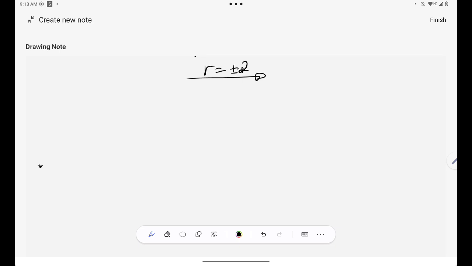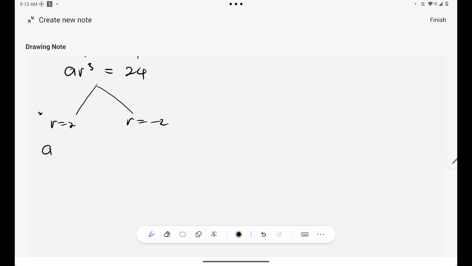Then we must go and find a. We were told that T4 is equal to 24. This simply means that ar to the 3 is 24. So when r is 2 and when r is negative 2, how can we solve? We want a.